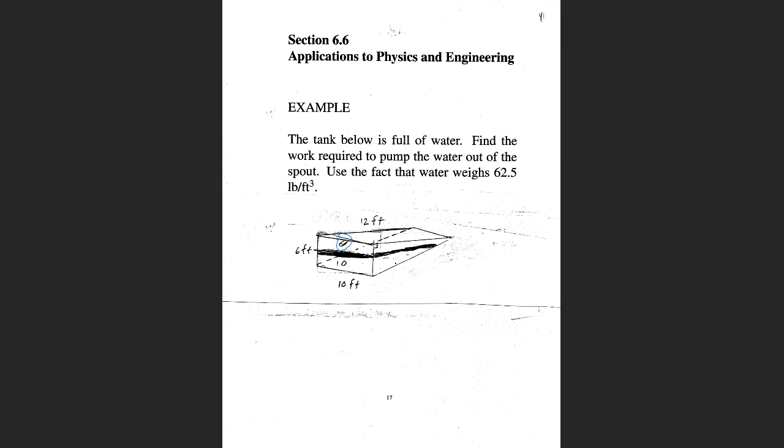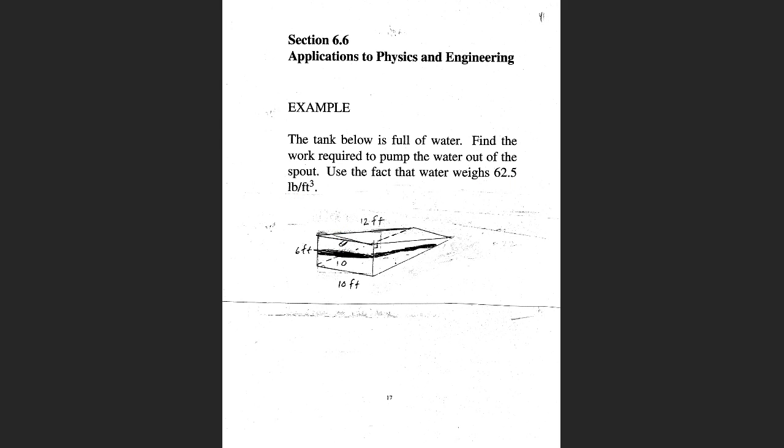When the water reaches the top of the tank, it flows out of the spout. We're told that water weighs 62.5 pounds per cubic foot. How many have heard of that measurement for the weight of water? All right, Jonathan's seen it, so that's just a fact.